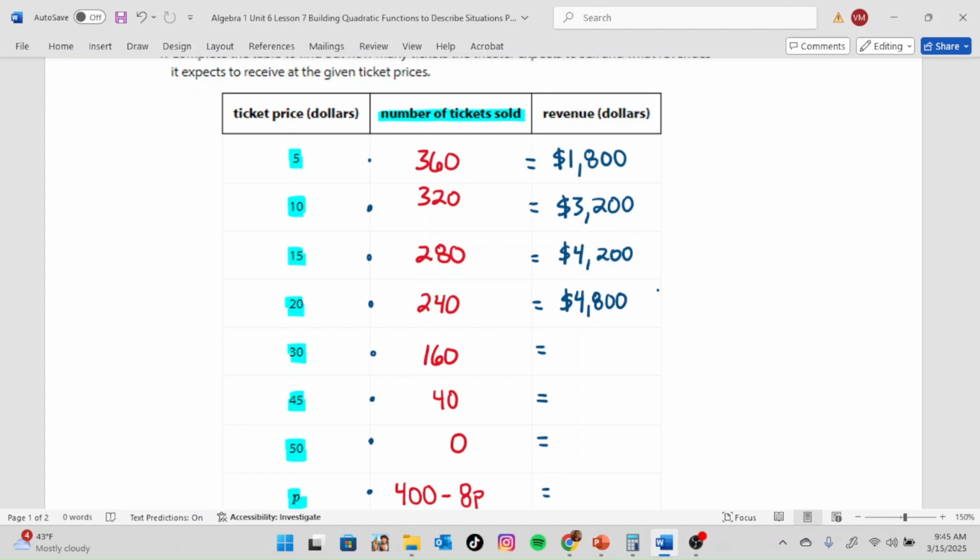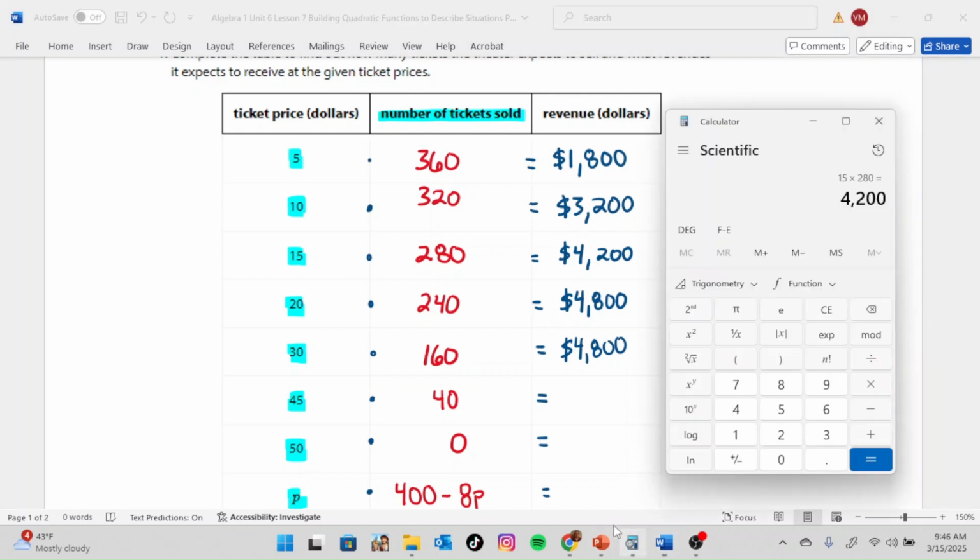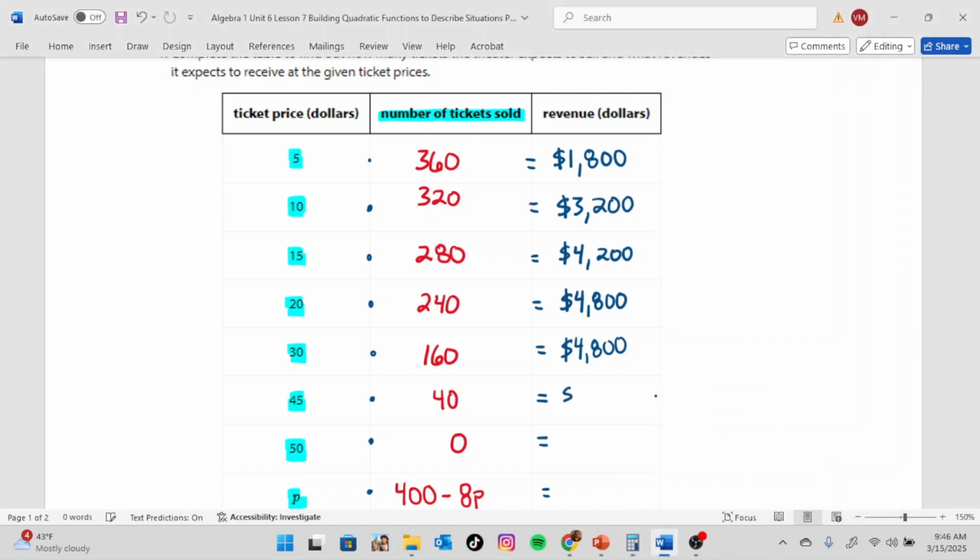$30 tickets times 160 tickets sold is going to be also $4,800. $45 tickets times 40 tickets sold is going to be $1,800. $50 tickets times 0 tickets sold would generate $0.